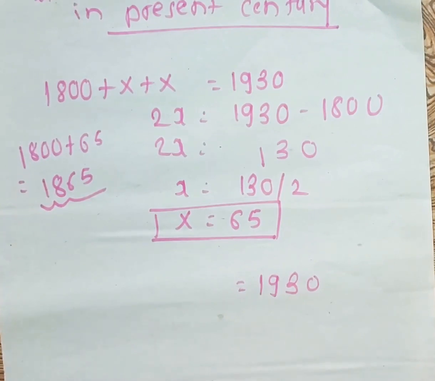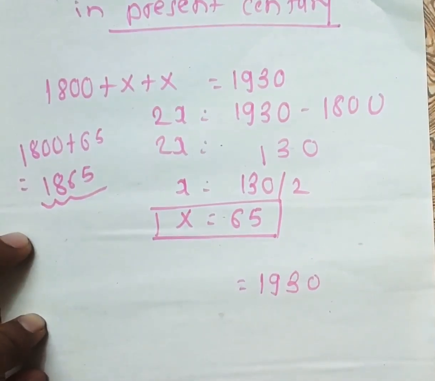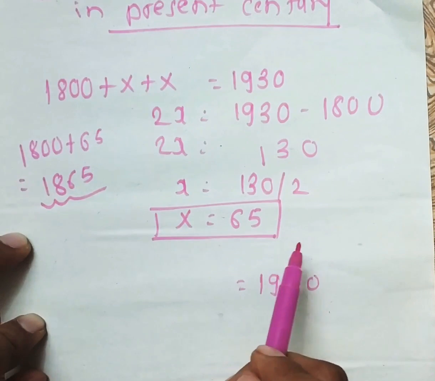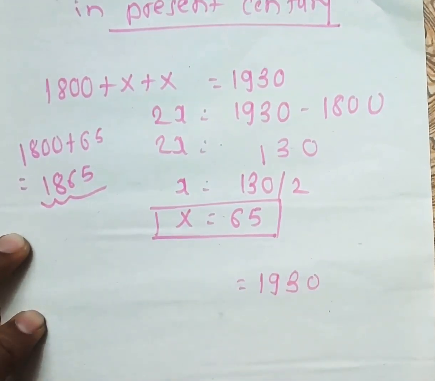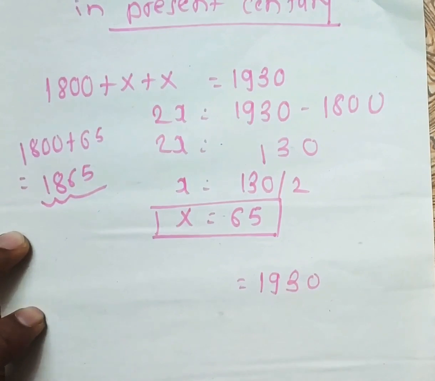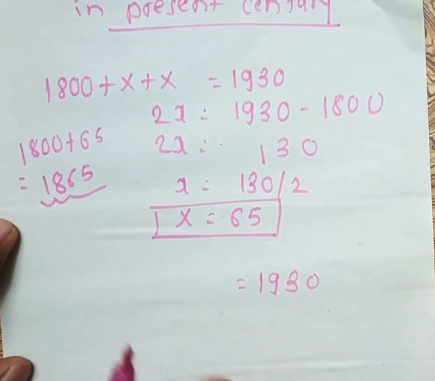But for the grandson, if we take the previous century as 1800, the same answer 65 will come. But this is not possible for the grandson, because the grandson should be younger than the grandfather. So we have to take the present century for the grandson.